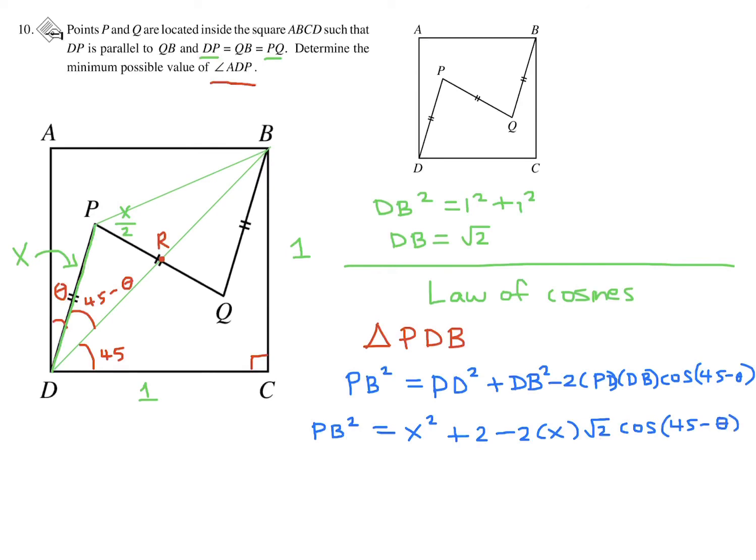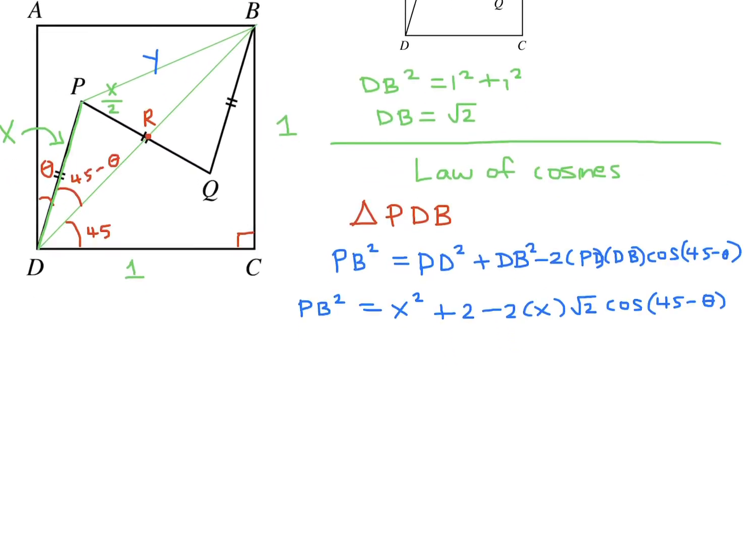And instead of writing PB each time, I'm just going to label it y. It just makes it so much easier. So y squared is equal to x squared plus 2 minus 2 root 2 x cos 45 minus theta, like that.